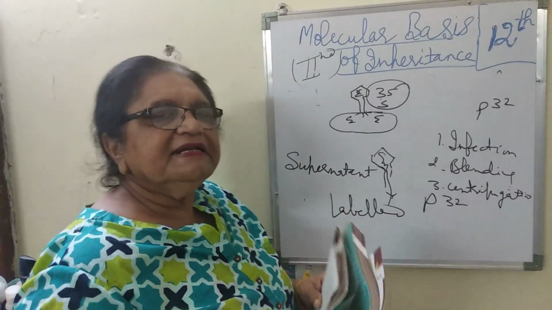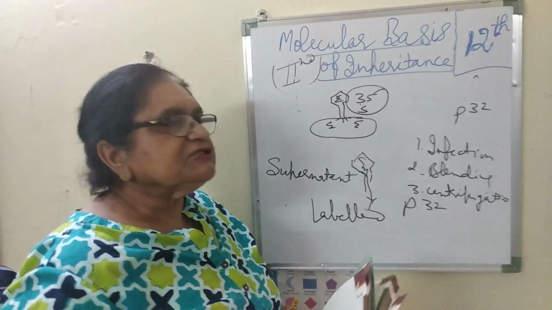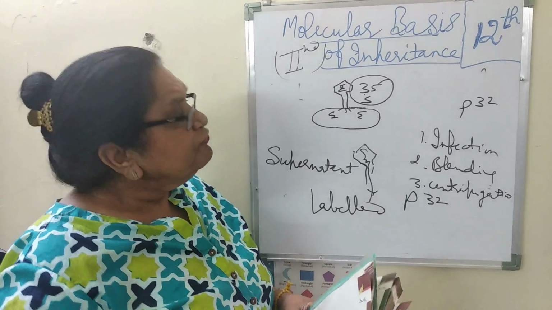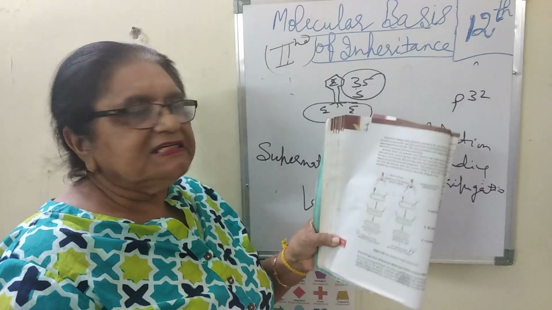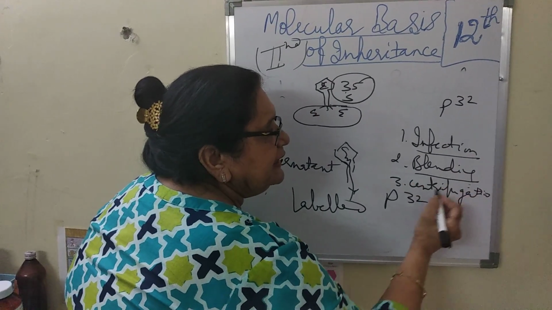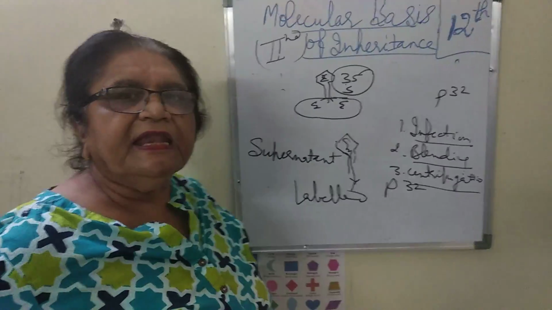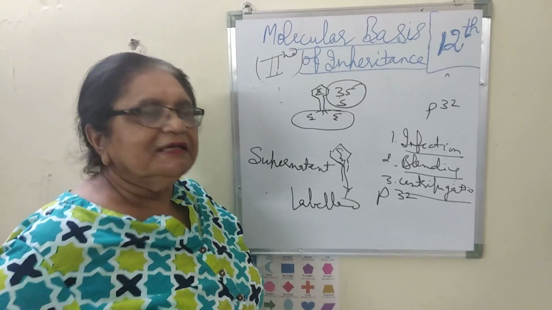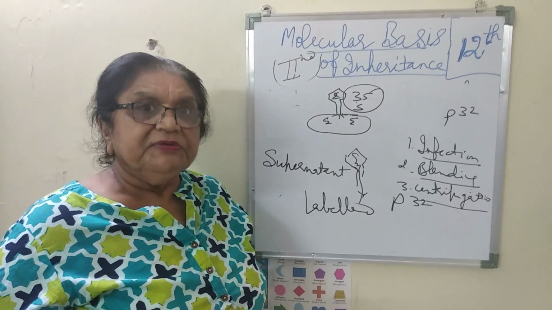So it proves that DNA acts as the genetic material, and this experiment is called the Hershey and Chase experiment. Very, very important for the board for 3 marks. You can draw the same diagram from your NCERT, and don't forget the 3 words: infection, blending and centrifugation. So 2 experiments are very important: the Griffith experiment and the Hershey and Chase experiment, to prove DNA as a genetic material.